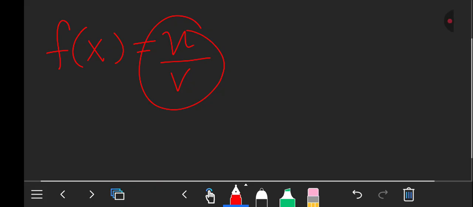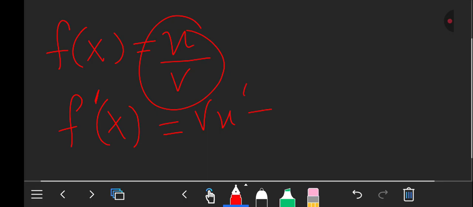We say the derivative of the function will be equal to, you start with v, then you differentiate the numerator, so you say v u prime, then you subtract.